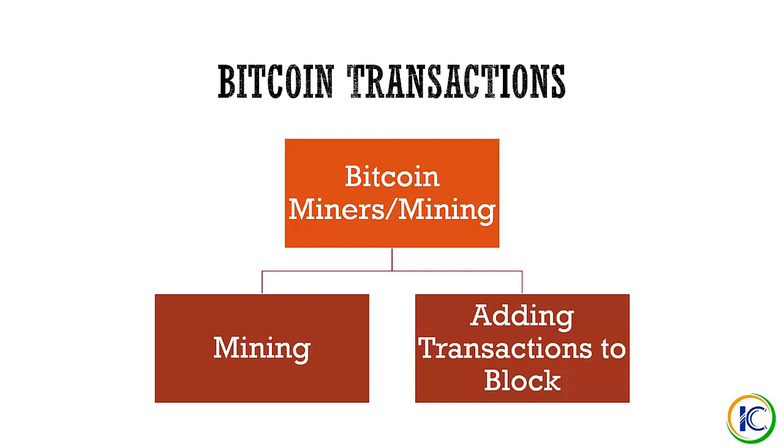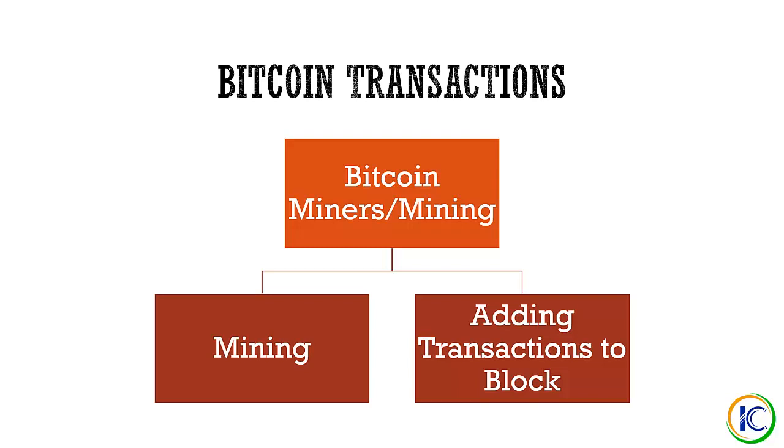And for doing this particular job, Bitcoin miners are incentivized with 12.5 Bitcoins currently, which halves every 210,000 blocks. So approximately every 3 years the Bitcoin incentive halves, and they not only get these Bitcoins as incentives, they also get the transaction fees in that particular block as an incentive as well.